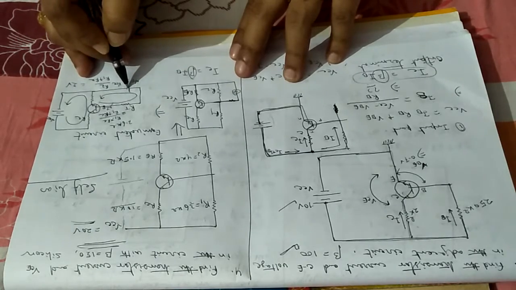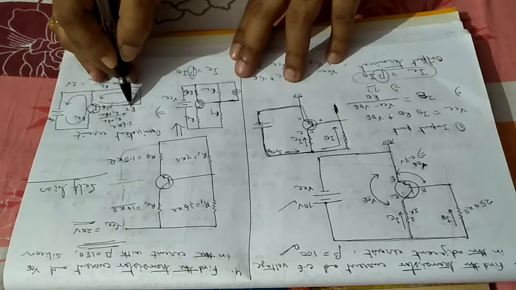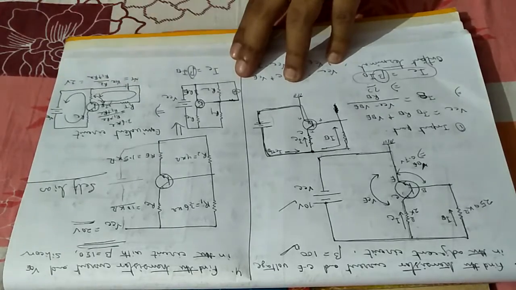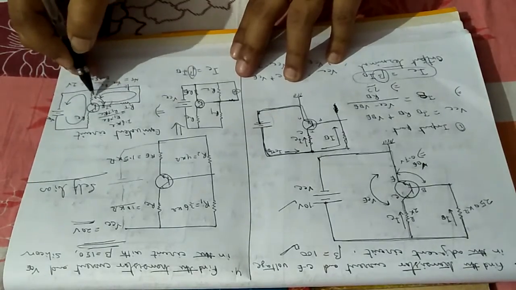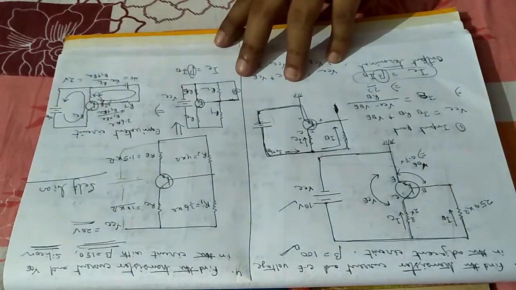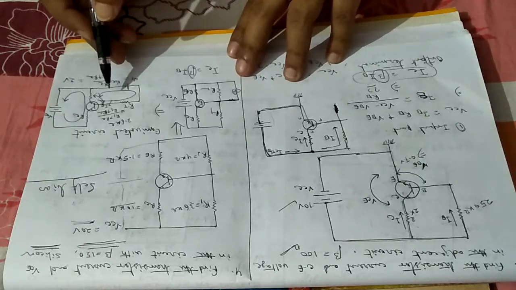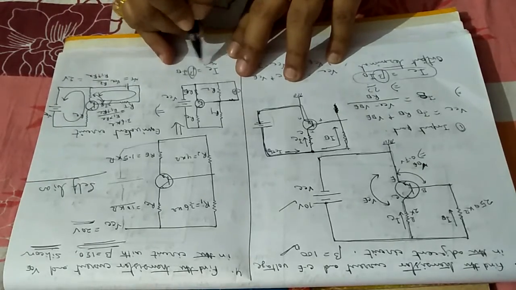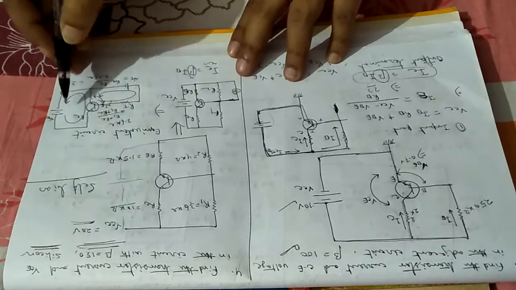How? VT plus IB into RT plus VBE will be equal to 0. VBE, again, it is told silicon, so you will consider it 0.7. You can calculate the value of IB from the input circuit. Then applying that, you can calculate the value of IC.